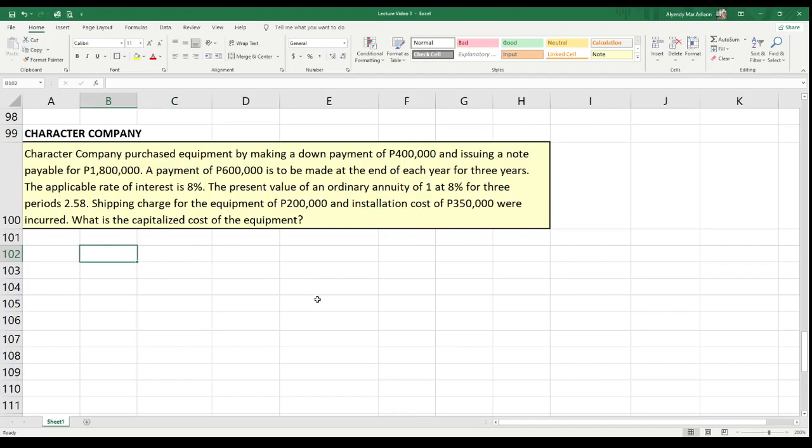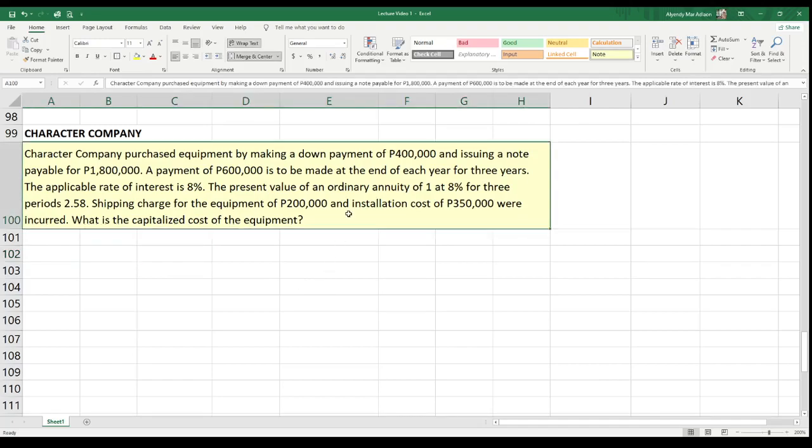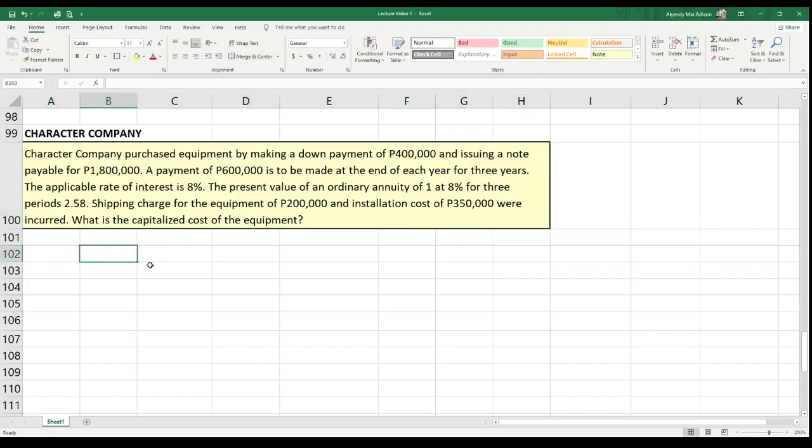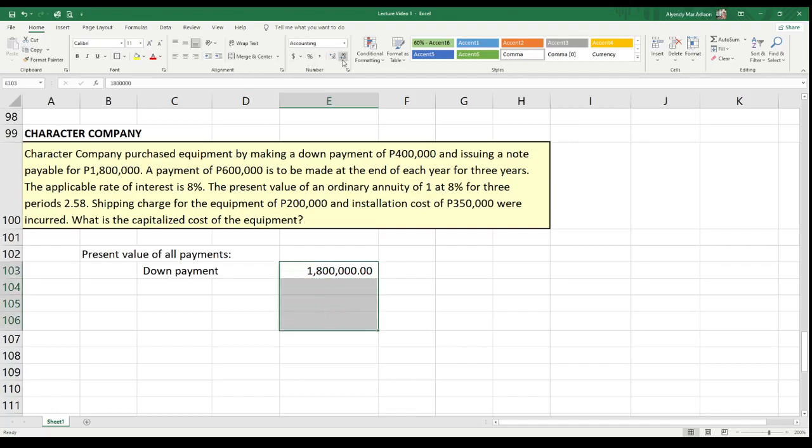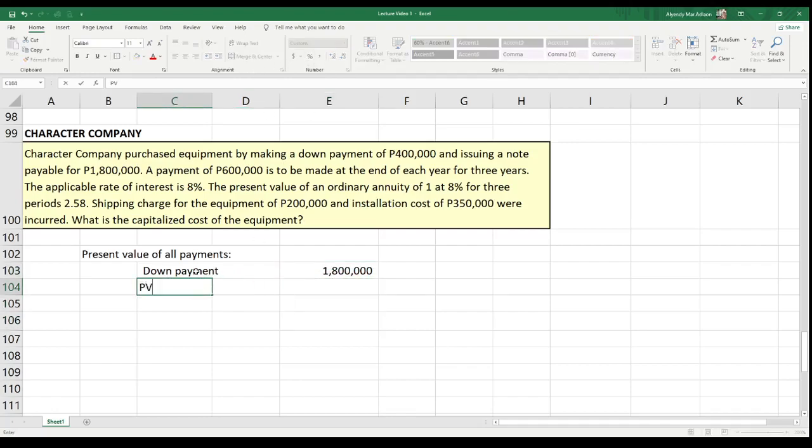So, since in this problem class, there is no cash price equivalent given, so what are we going to do is to compute for the present value of all payments. So, pila man ang present value of all payments? So, first, we have the down payment, which amounts to 1,800,000. Okay, now, next is the present value of the note na dayon. So, pila ang present value of the note, diba?